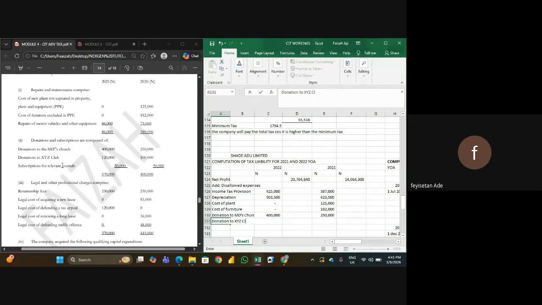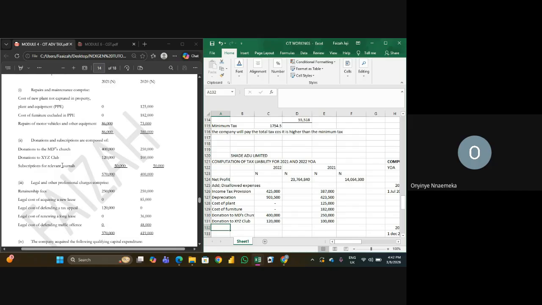Sorry, please, for this donation, the question we solved for Coco's Nigeria Limited, we chose Social Club and Royal Elite Club. How do we know the clubs that will disallow and the one that will allow? Okay. So usually any club that is, let's say for example, government club or something that is very important to the government, like for example, all these Boy Scouts, Red Cross, it is allowed.